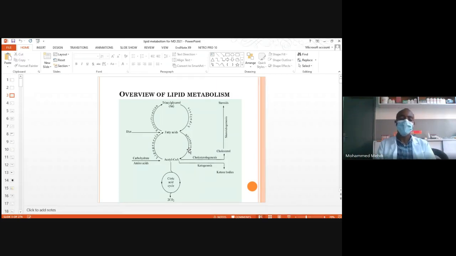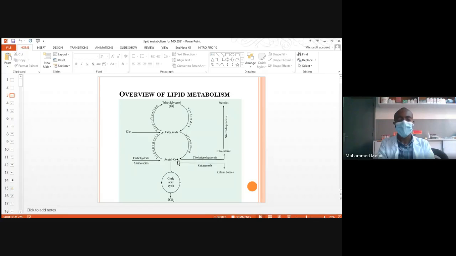Acetyl-CoA is a common product of carbohydrate metabolism, protein or amino acid metabolism, and lipid metabolism. Acetyl-CoA can join the Krebs cycle or citric acid cycle for the formation of reduced coenzymes. Or this acetyl-CoA will be used for cholesterol synthesis, and then steroids are formed, like steroid hormones, progesterone, estrogens, vitamin D, and other steroids formed from the cholesterol molecule.